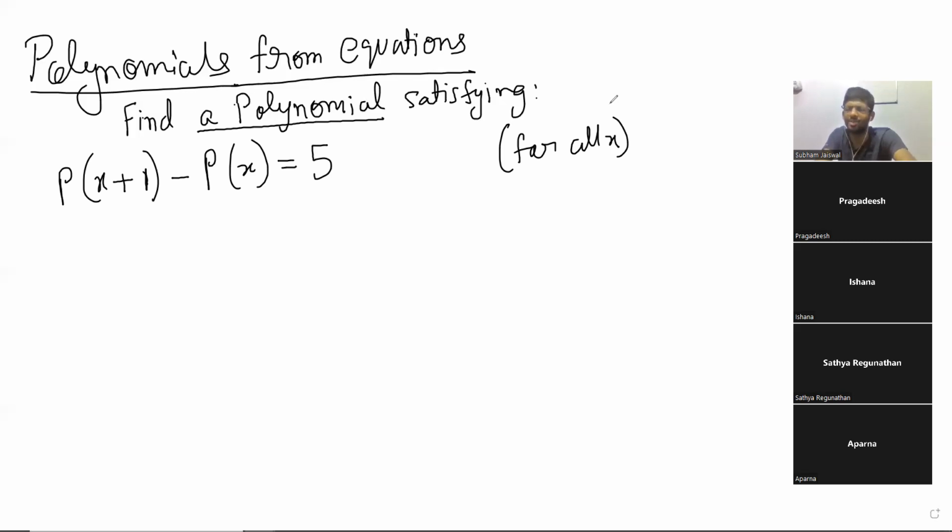Okay, no idea so far. Let me say assume that P is linear. Assume that P is degree 1, and then you try.